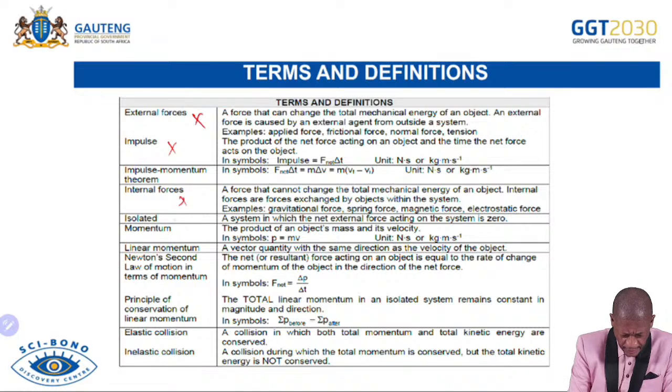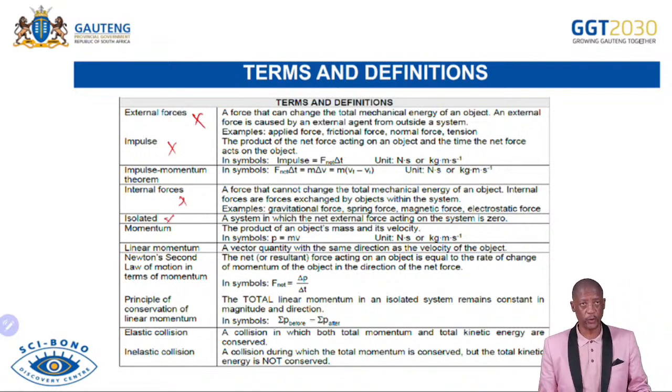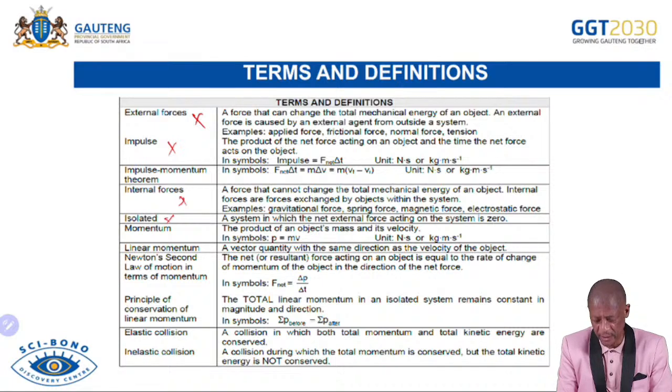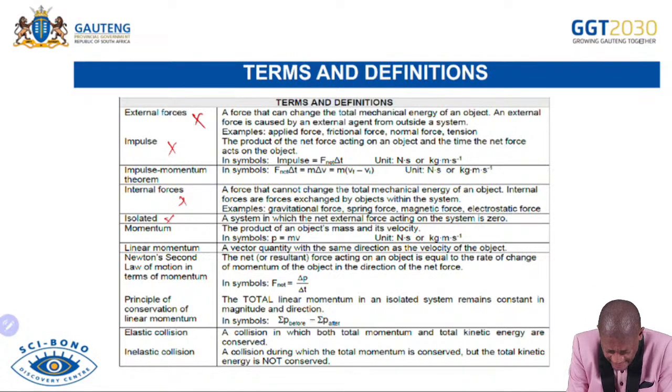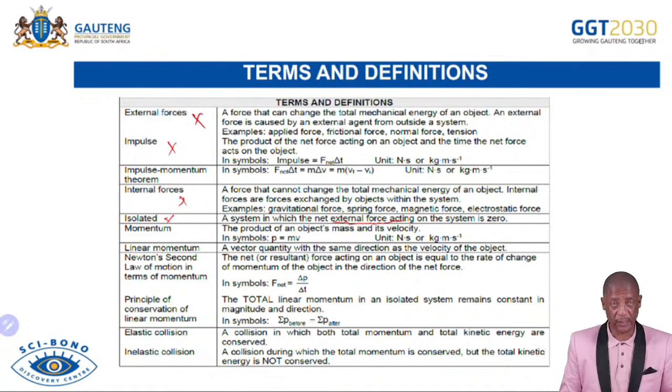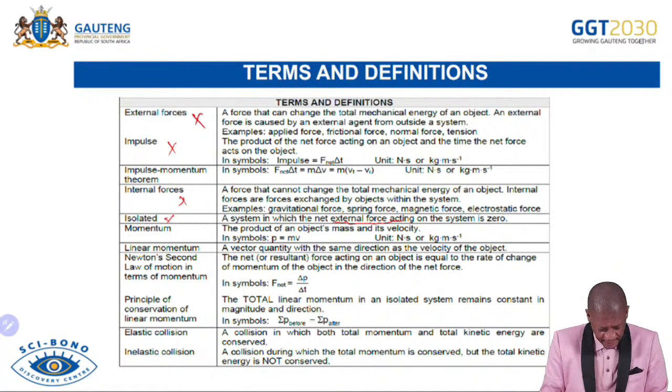Then we have the term isolated system, because we are going to use it: a system in which the net external force acting on the system is zero. So the external force acting on the system is zero, and we call that an isolated system.